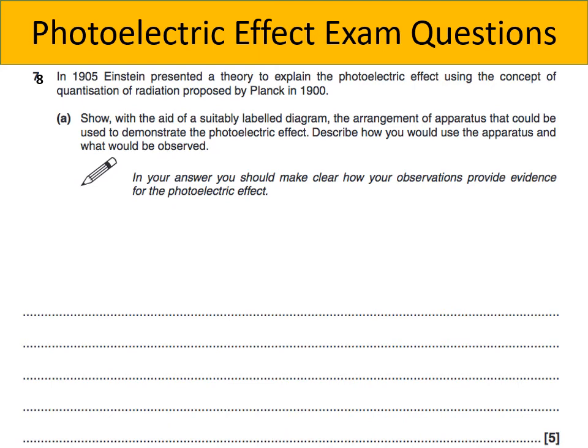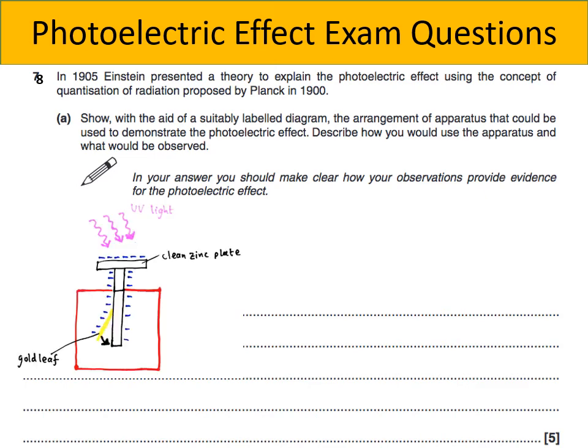Describe how you would use the apparatus and what would be observed. In your answer, you should make clear how your observations provide evidence for the photoelectric effect. So quite a lot of clues are given as to what we need to do. We need to have a labeled diagram. So here is our diagram.